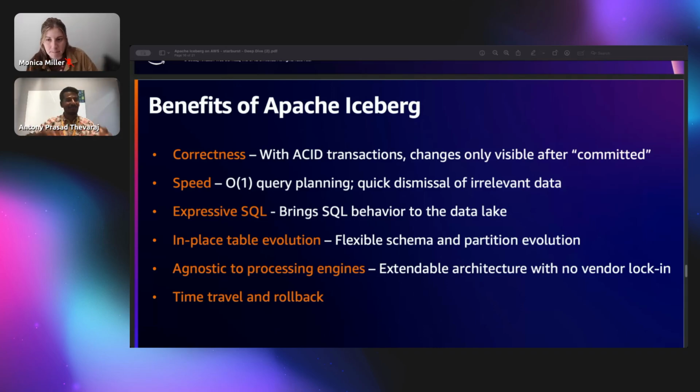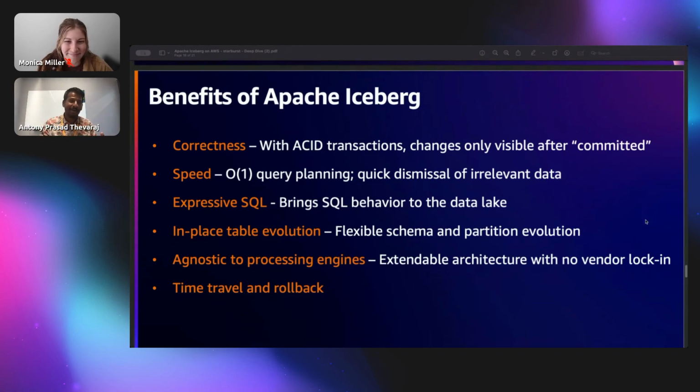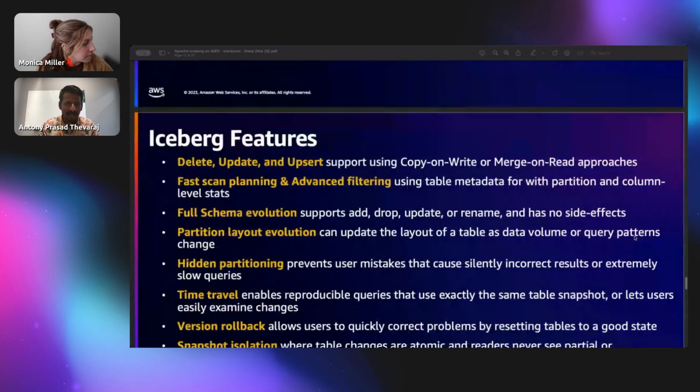So it dynamically figures out the right partition methodology for you, and you as a user don't have to worry too much about it. That's why we're trying to achieve this, by making it easy for you and ensuring that you also get the right data, right? And then we also have other aspects that Monica is going to talk about in terms of time travel and rolling back versions of your data as well. Monica, if you can scroll down, yes.